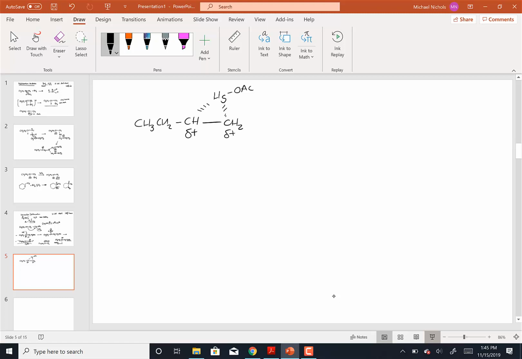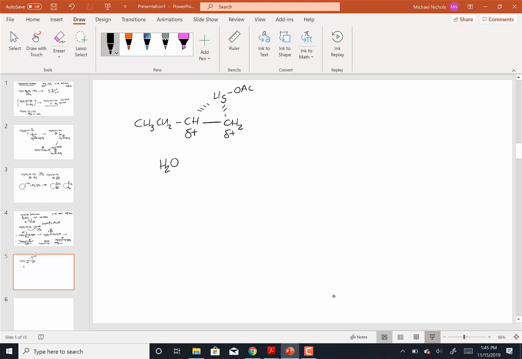So in essence, those two carbons are sharing the positive charge. Now, it is a very unequal sharing because the primary cannot take a full positive charge, so it's going to take as little as possible. But the critical part is it's still a triangle, because here's what happens next.